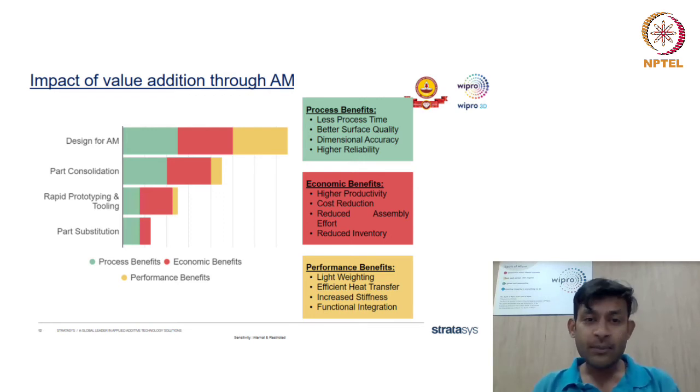Then we are talking about dimensional accuracy. The accuracy which is required for the end application sometimes can be achieved through AM directly if the critical dimensions where these accuracies have to be met are given enough attention during orientation. Then of course high reliability.